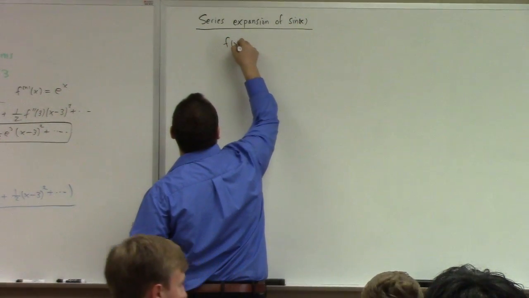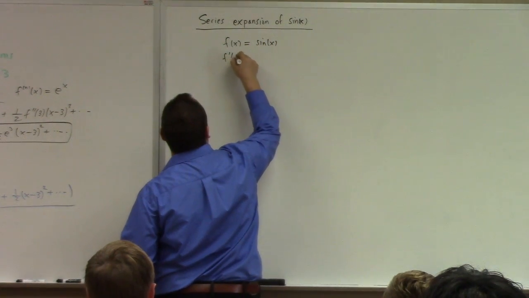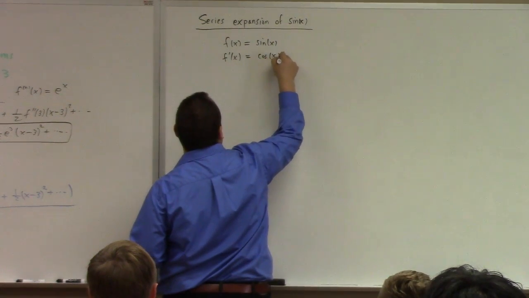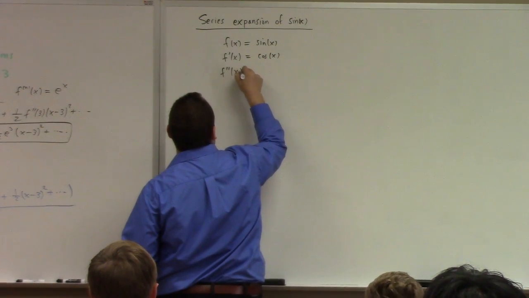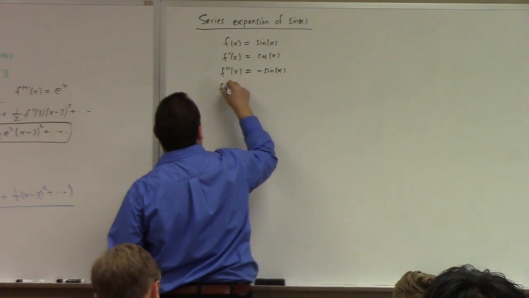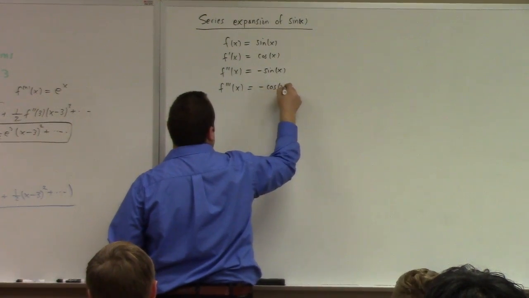So if I have f of x equal to sin x, then f prime of x is what? Cosine x. F double prime of x is negative sine x. F triple prime of x is minus cosine x.